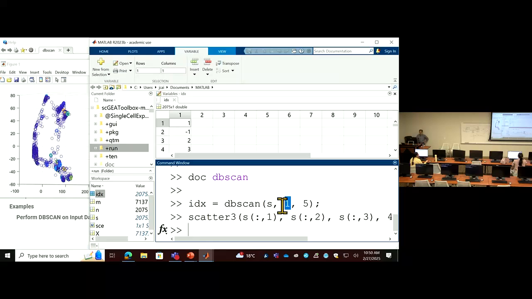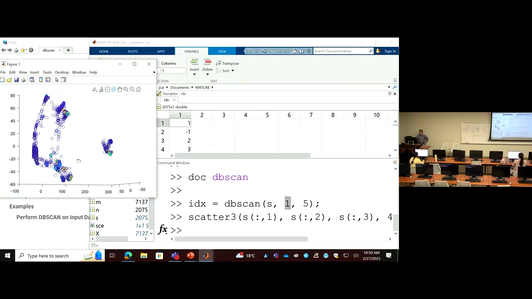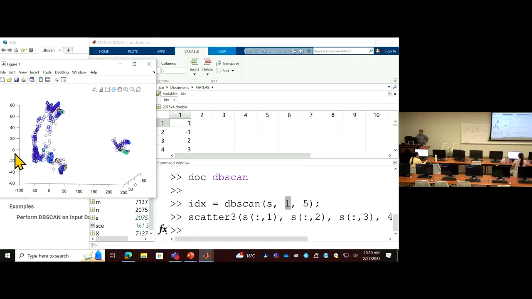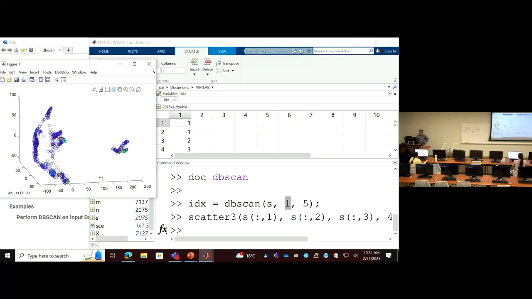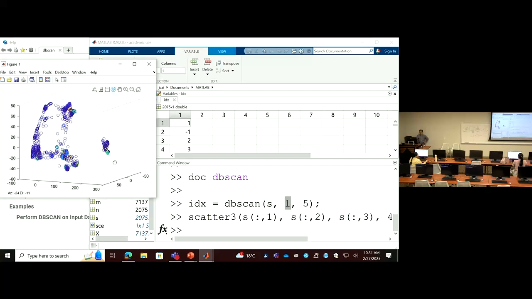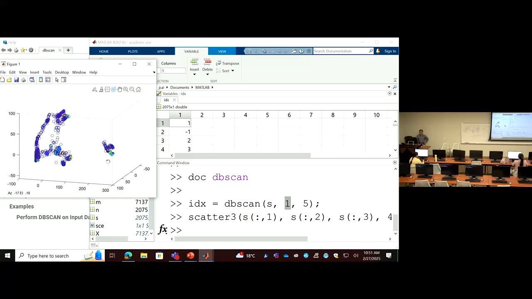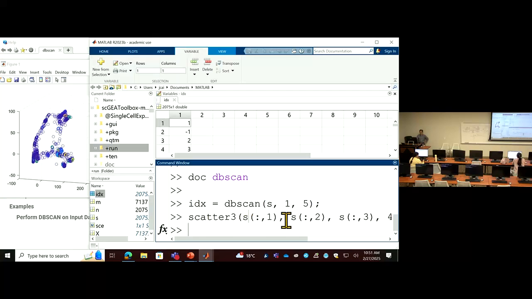Maybe we should make this longer, because we have coordinates in the range from 0 to 250. So we have a much larger range. So maybe make this 5, and make this one like 6.